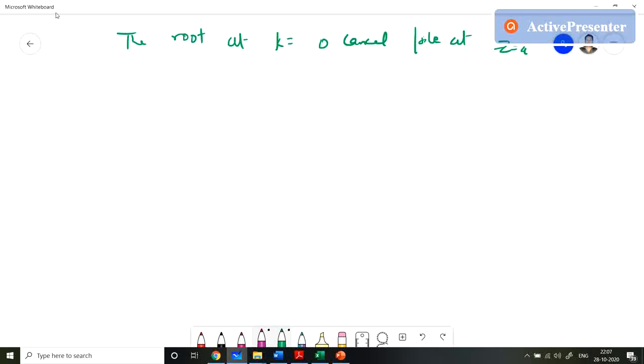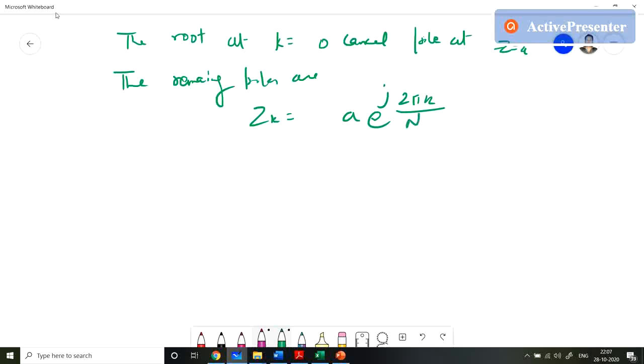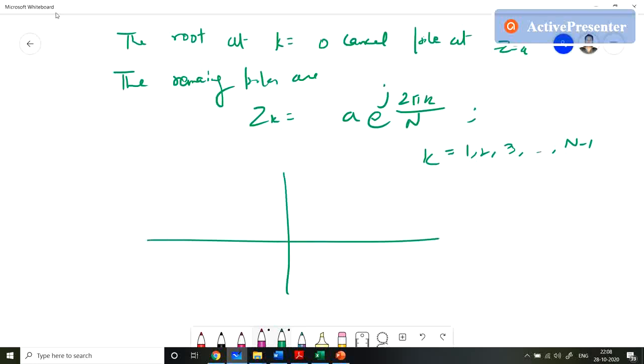We can clearly see this from the expression also. So the remaining zeros are z_k equals a e raised to the power j 2 pi k divided by capital N, where k equals 1, 2, 3 up to capital N minus 1, because k equals 0 is already cancelled out.